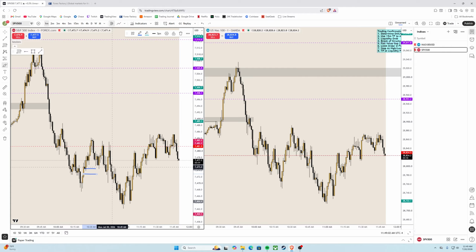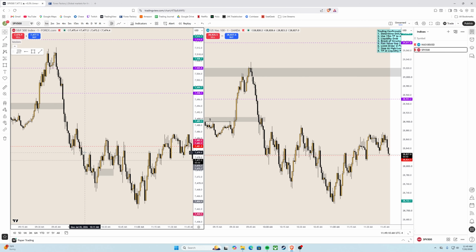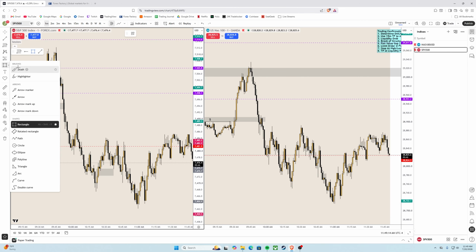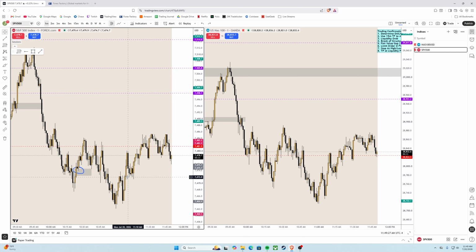Even though technically speaking, price did leave a fair value gap right here after clearing liquidity, and price did technically give an entry, but then look what happened. Price went up a little bit and then decided to go all the way down, and it would have resulted in a loss, right? So it would have literally resulted in a loss.